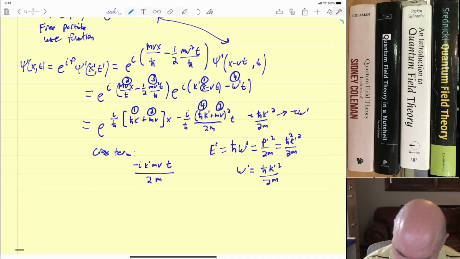So the m's are going to cancel. And this is term 5, minus sign there, i k prime v t over 2. So this is checked. So this is 5, and this is equal to 5 on the cross term. So we've established now this expression here.